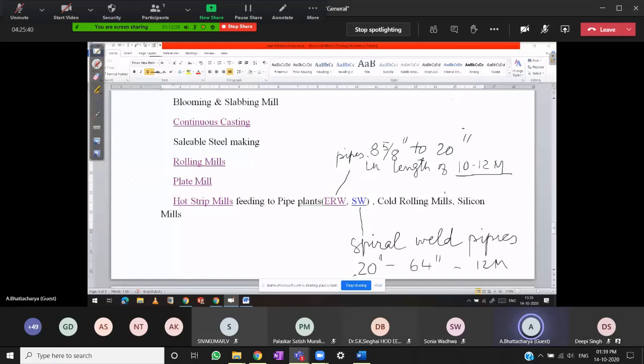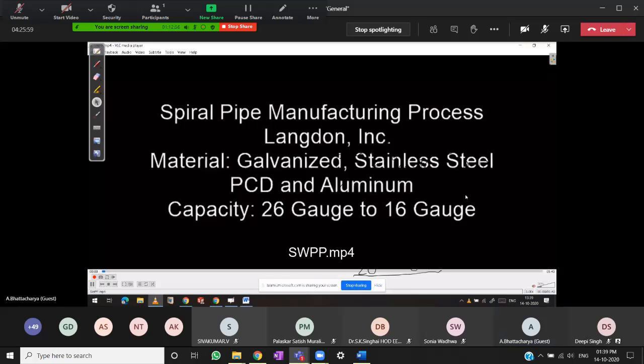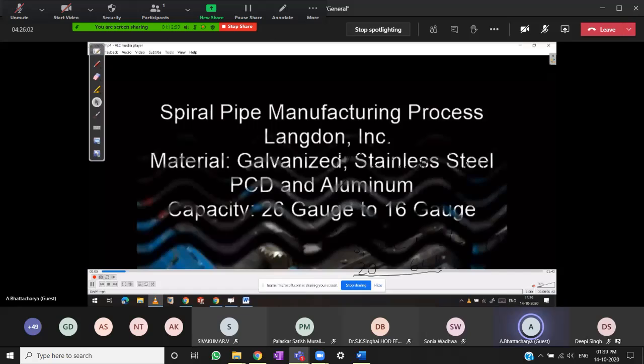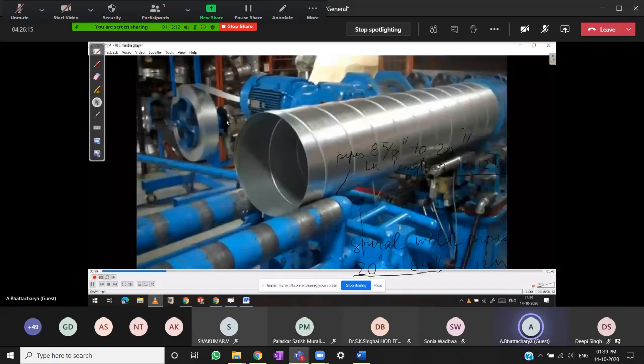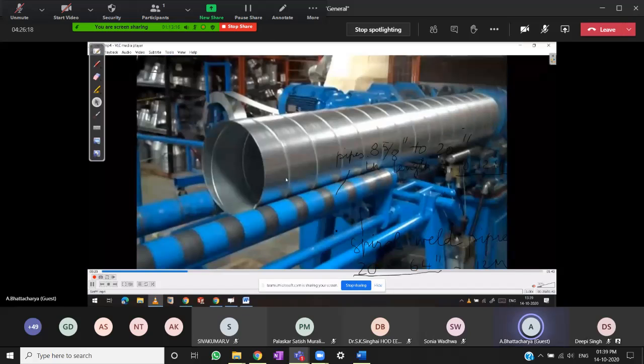Now how it is made, I will show you some video. So this is how spiral pipe is made. So this is the feed, and by changing the angle you can make any diameter.